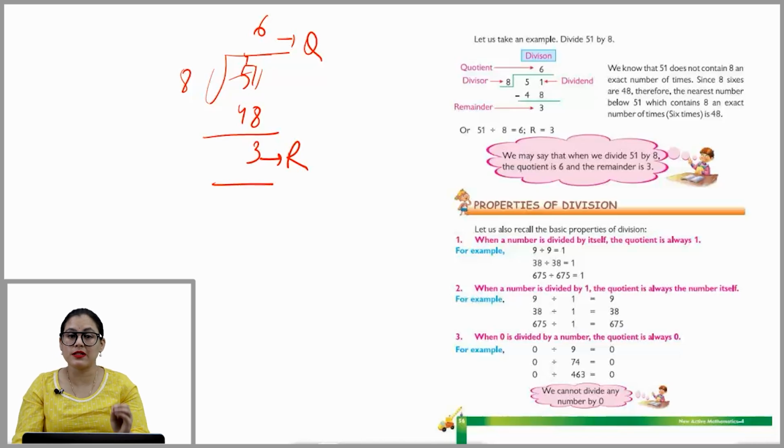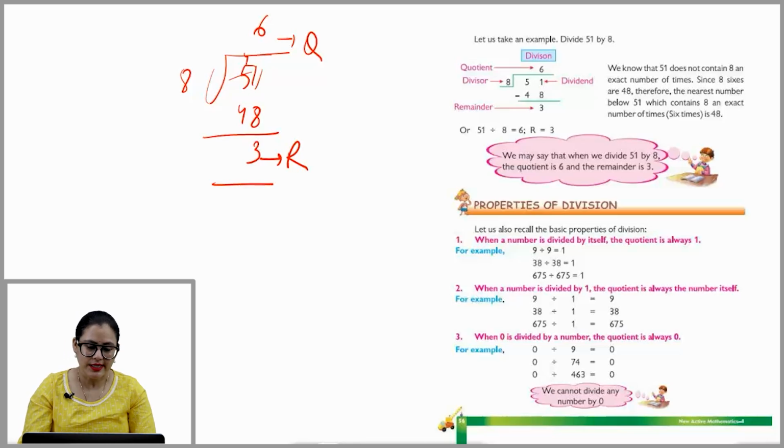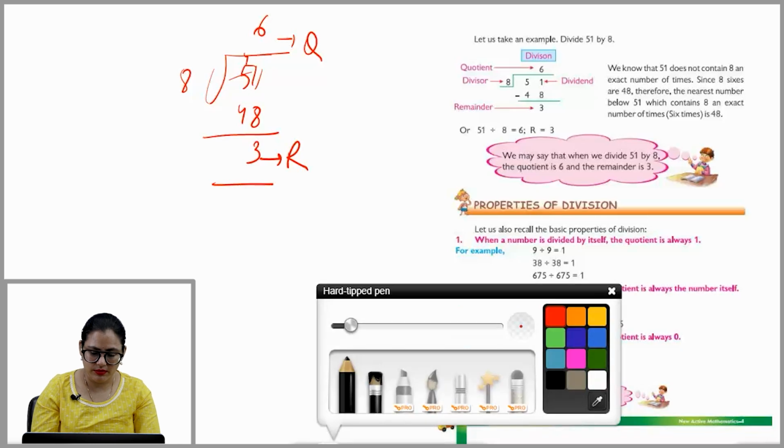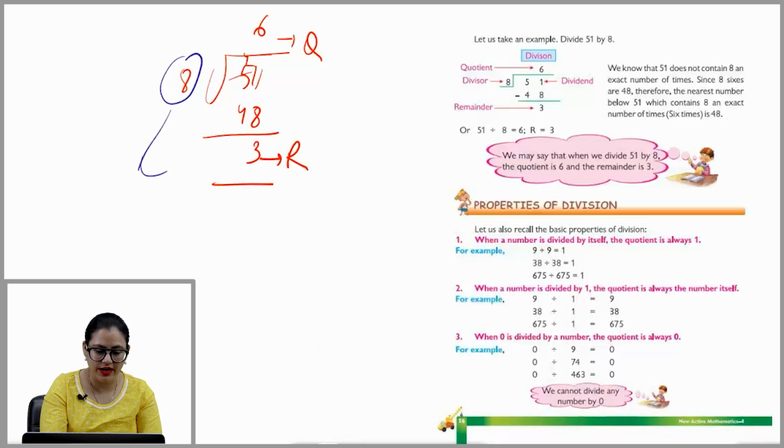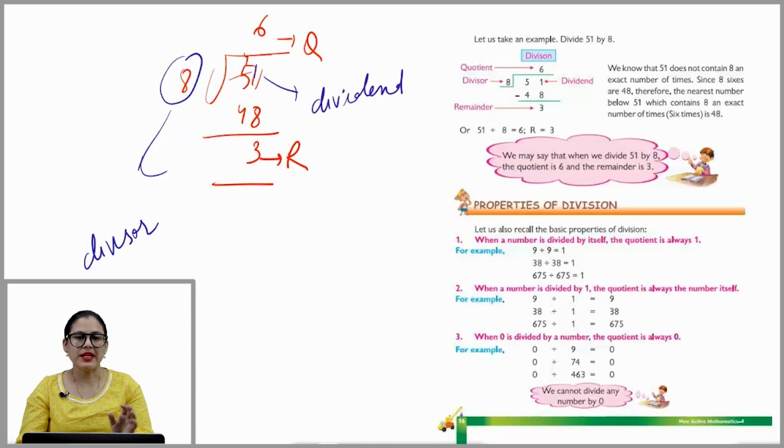Since 8 6s are 48, therefore the nearest number below 51 which contains 8 an exact number of times is 48. Okay, see, this is divisor, and 51 is the dividend, right? We may say that when we divide 51 by 8, the quotient is 6 and the remainder is 3.